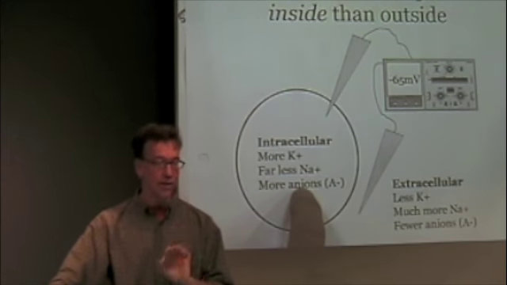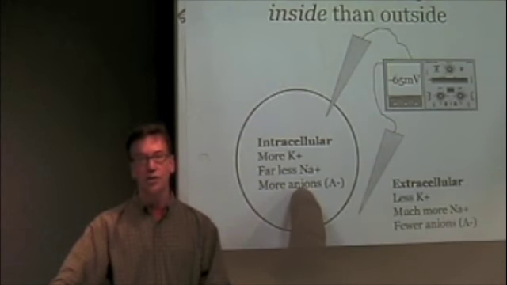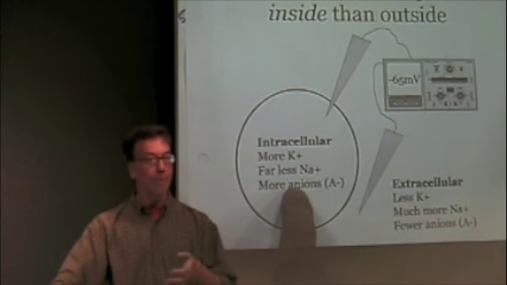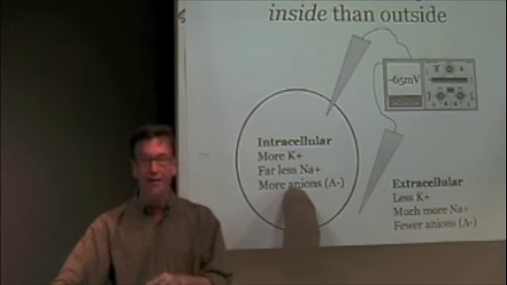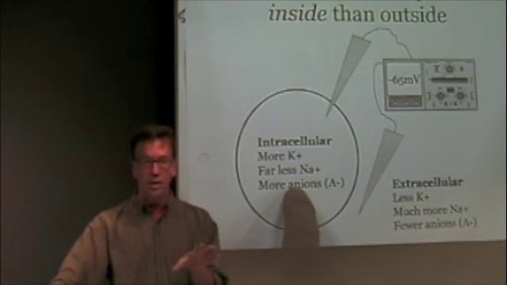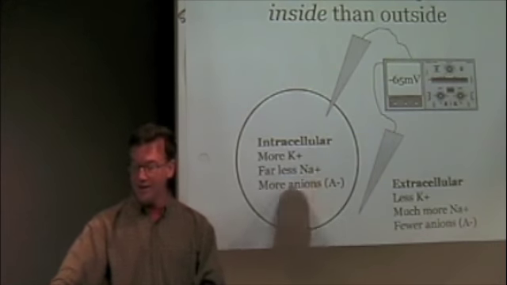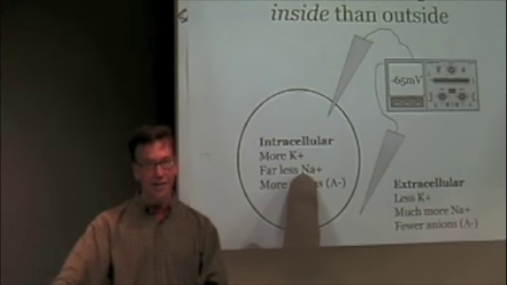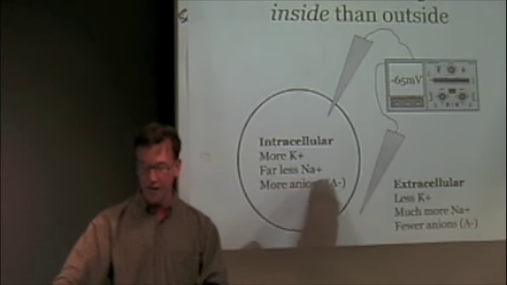Remember, these are proteins that tend to be negatively charged. Why do we have more of them inside than out? Well, because they're manufactured inside. They're big. Unless there's some sort of special conduit or pore or channel to allow them to pass through the membrane, they're going to stay inside and add additional negativity to the inside of the cell.